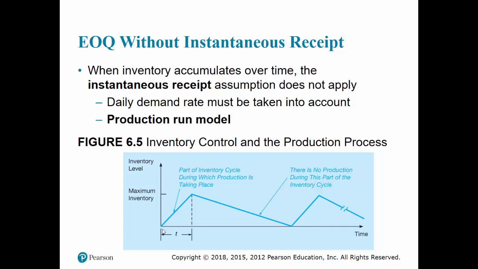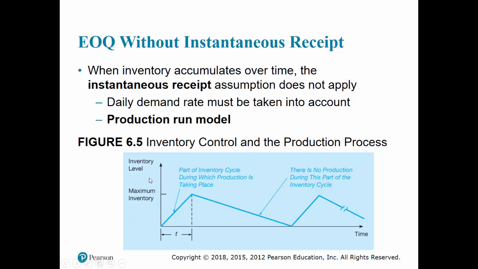So inventory will be coming in at the rate of P, and it will be going out at the rate of D. So P minus D is the rate at which the on-hand inventory will rise. And of course the decline will be at the rate of demand D.